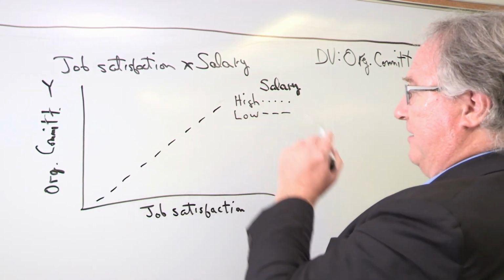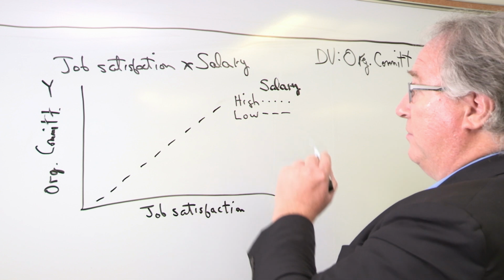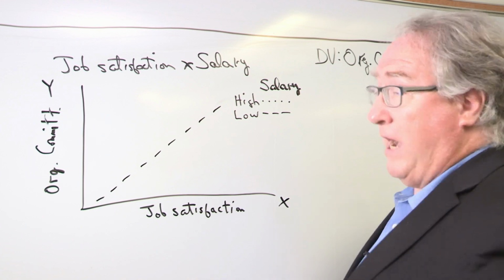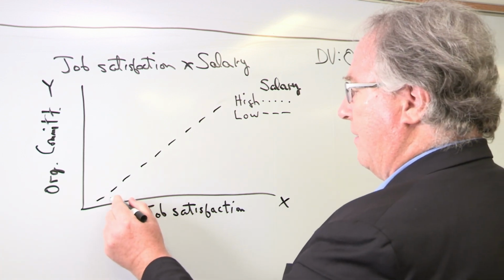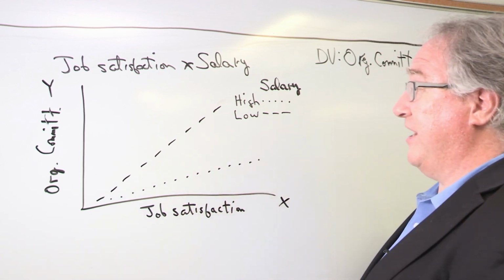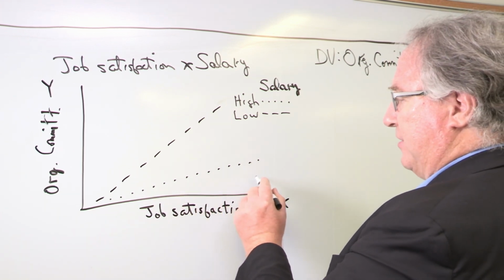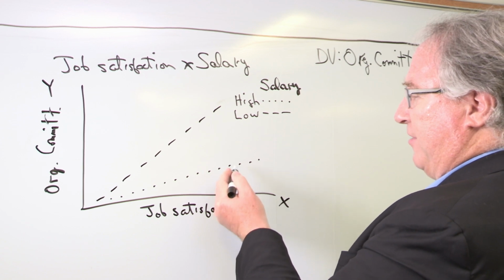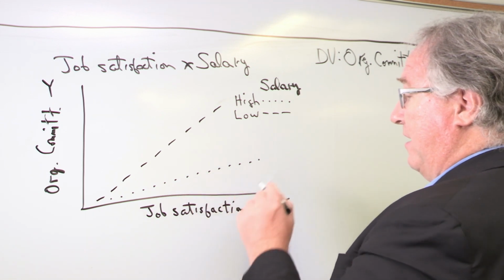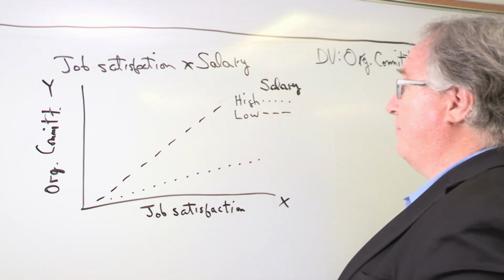So we have a strong effect, let's say, of job satisfaction on organizational commitment among low salary employees, but among high salary employees, let's say we have no effect. So relative to a flat slope, let's say this never gets significantly above a flat slope. So let's say we have no effect of job satisfaction on organizational commitment among high salary employees.